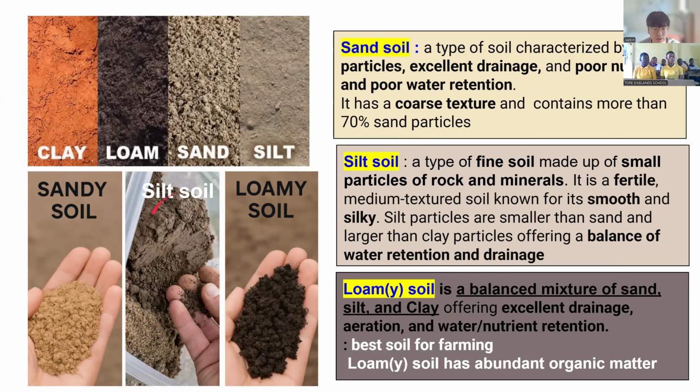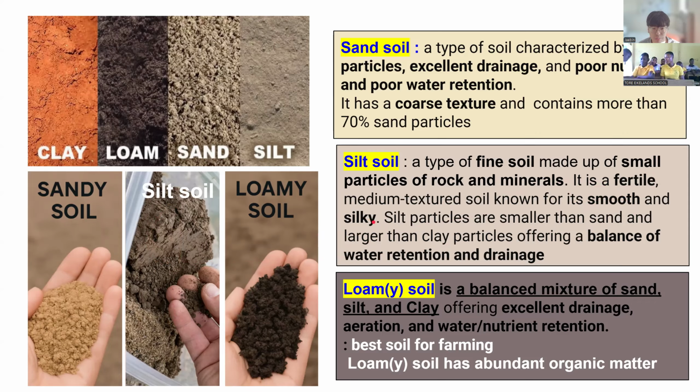The next soil is the silt soil in the middle. It is a type of fine soil that is made up of small particles of rocks and minerals. It is very fertile and its texture is known to be smooth and silky. So it's different from sand.